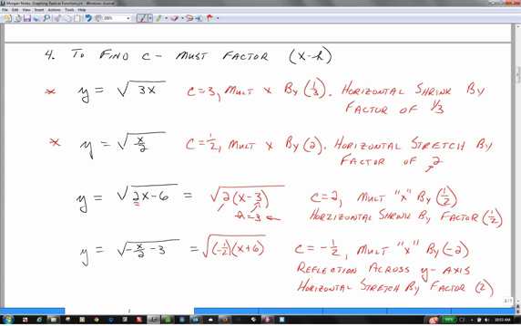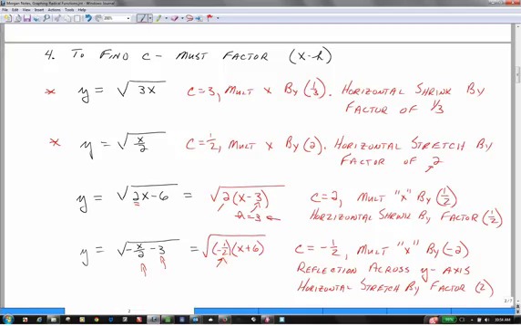Let's take a look at the next one. Now I see that I have both an x shift right here, and I also have an x stretch or shrink. So let's pull the whole value that's multiplying the x off. That's a negative 1/2. If I pull the negative 1/2 off the x, I have to factor it off the negative 3 also. And what I would get is a negative 1/2 times x plus 6.